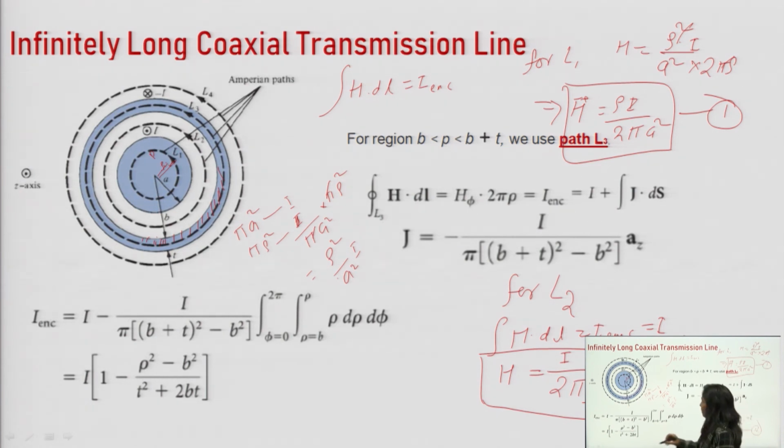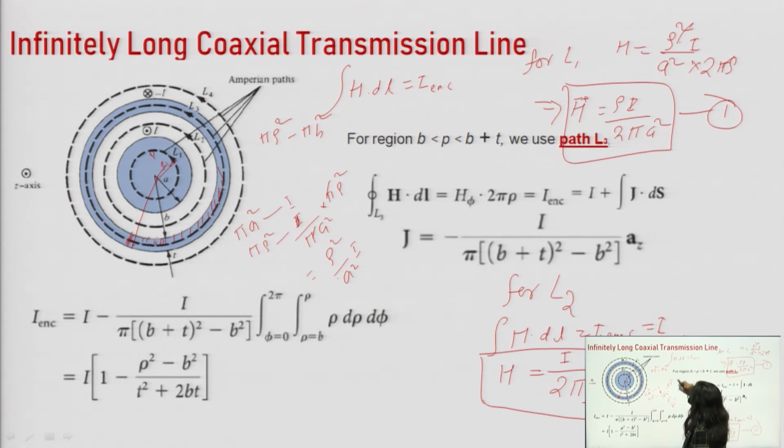Alternatively, if we take it as c, then we can see that the area of this thickness, that is pi rho square minus pi b square, we need to find the value of current flowing through this area.